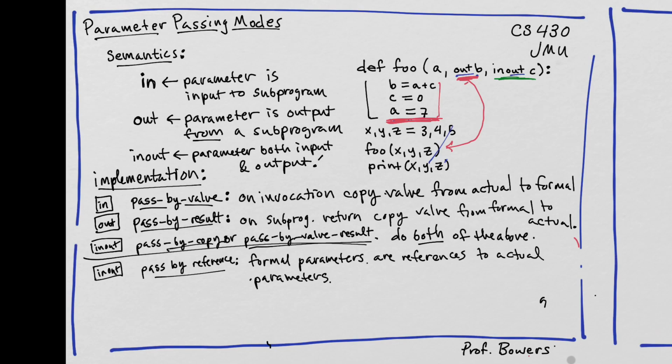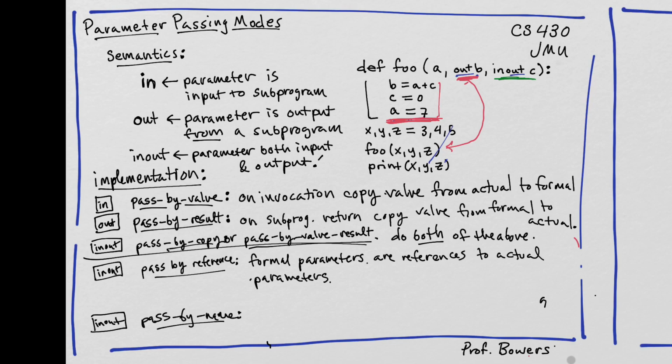The final method for doing in-out parameters is called pass by name. And it's a little difficult to give a one-liner definition here. An example that we'll do in a moment will do a much better job. But you can think of this as sort of copy and pasting the expression from the actual parameter into the formal parameter so that that expression can be evaluated multiple times.